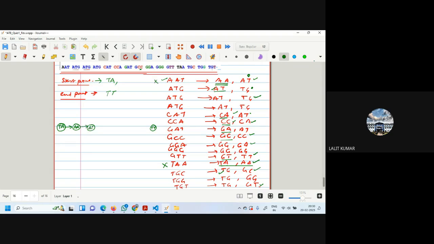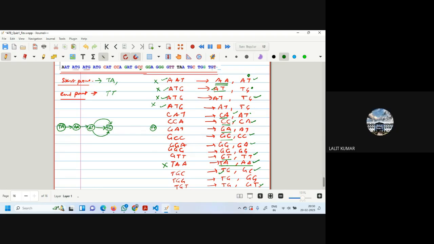Now from AA we can go only to AT. But for AT, you see, there are ATG, ATG, ATG. So from ATG we go to TG, and it can take 3 routes. And we strike this also, that we have covered this.